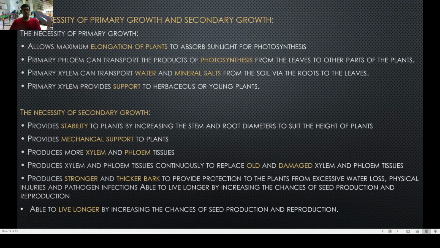It produces stronger and thicker bark to provide protection to the plant from excessive water loss, physical injuries, and pathogen infections. It is able to live longer by increasing the chances of seed production and reproduction.